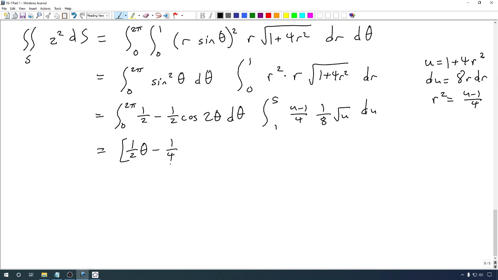So we end up with a 1/4 sine of 2 theta from 0 to 2 pi. For this one, I'm going to pull out the 4 and the 8 on the bottom. We have a 1 over 32. We're taking the integral from 1 to 5. The square root of u is u to the 1/2. When we multiply it to u, I get u to the 3/2. And when I multiply it to the 1, I get just u to the 1/2.